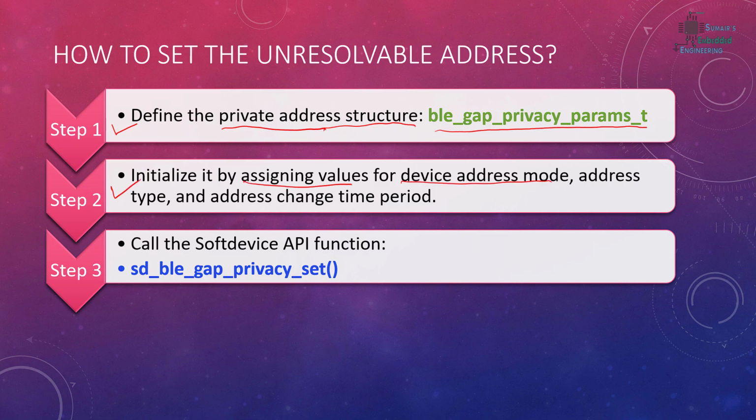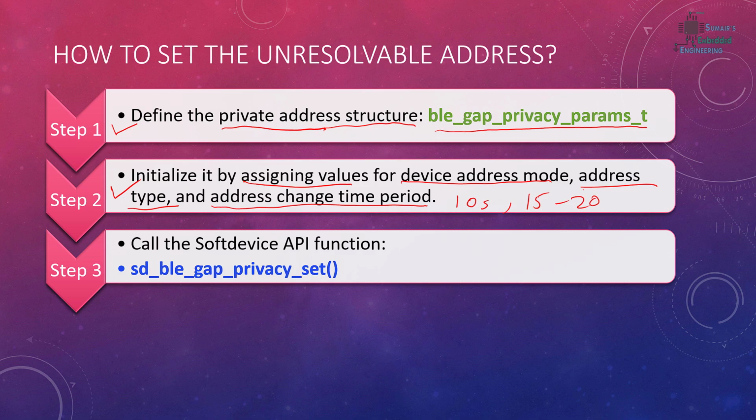The next thing is we need to assign it the device address mode. The mode will be the privacy mode, the address type which is non-resolvable, and also we need to set the time period. For example, we can set it to 10 seconds, or 15 or 20 or whatever value we like to set.